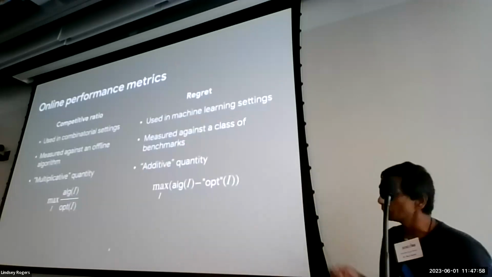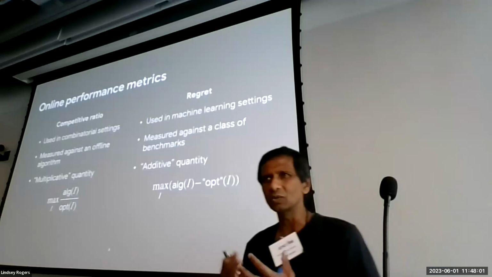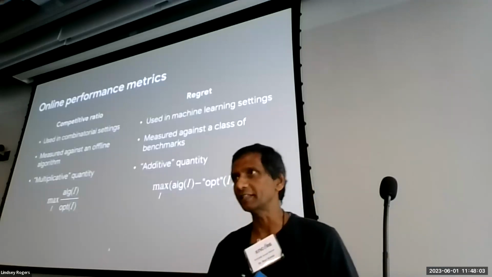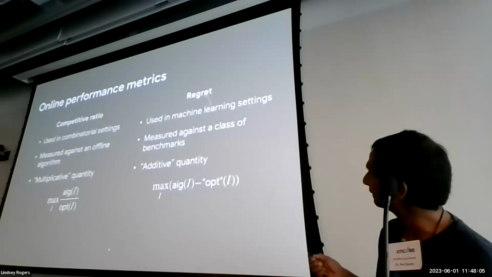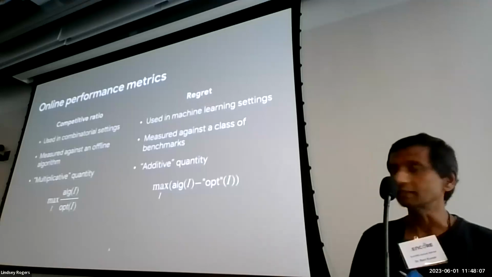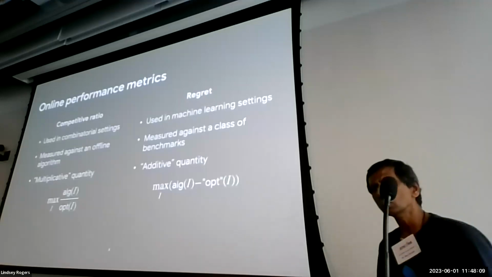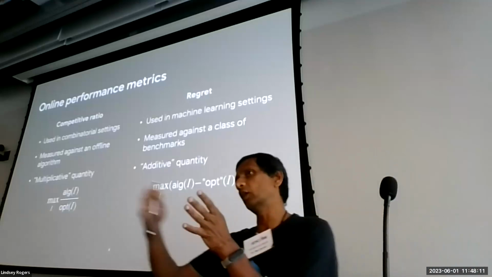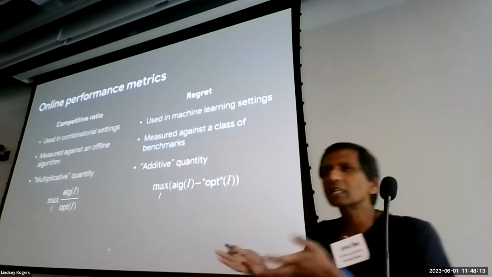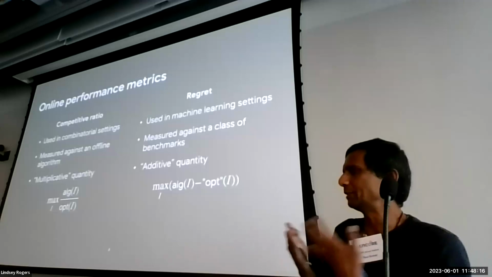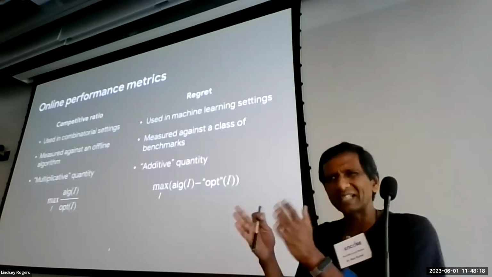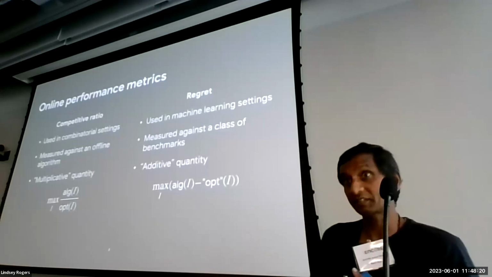And there's another quantity which is probably less known or less studied in traditional TCS communities: regret, which is used in machine learning settings, where you measure the performance of an algorithm, again in the online fashion, against a class of benchmarks. By benchmarks, I mean algorithms with some fixed rules or fixed restrictions.